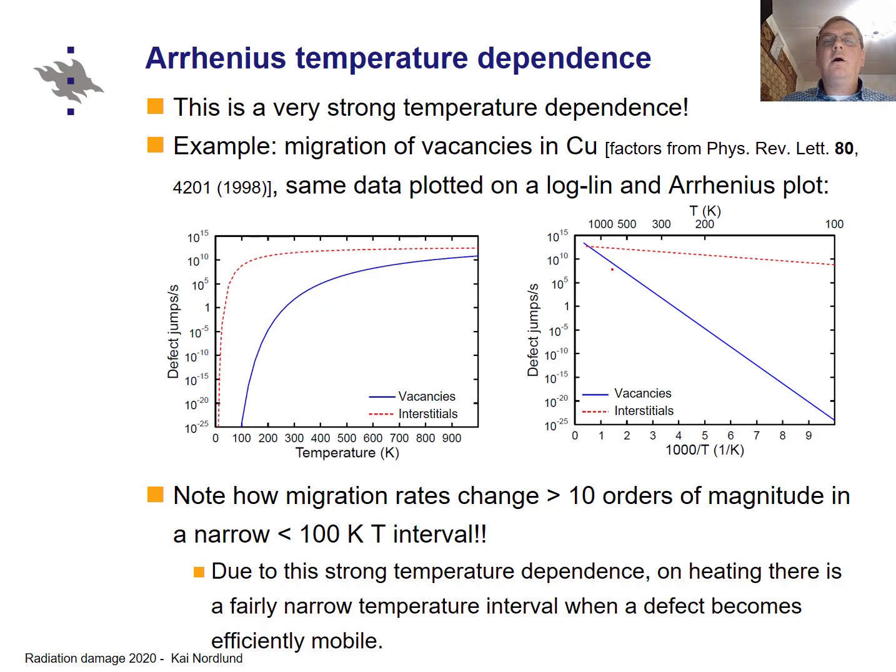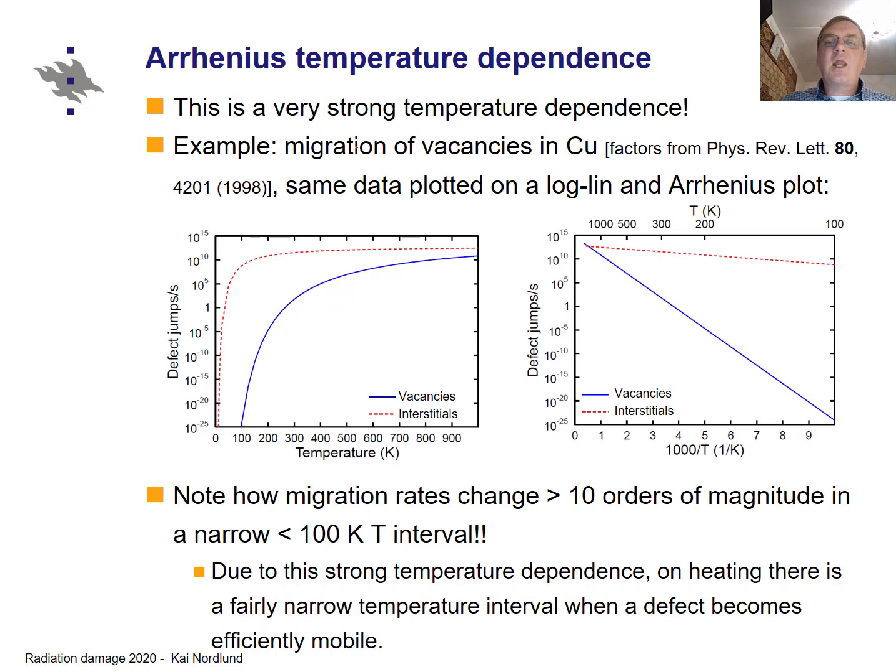Well, this Boltzmann factor is known as Arrhenius temperature dependence. And this is something which most of you are familiar with from basic physics or chemistry studies, because Boltzmann statistics, of course, is crucial in many branches of materials physics, materials science, and chemistry. So likely you've heard of this.